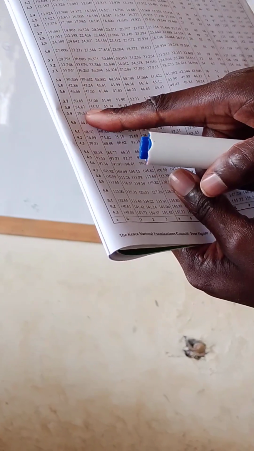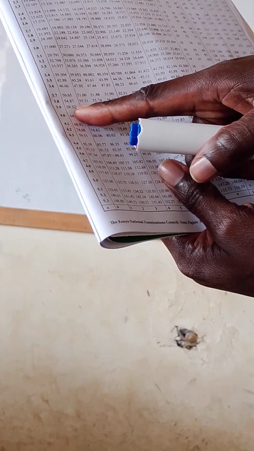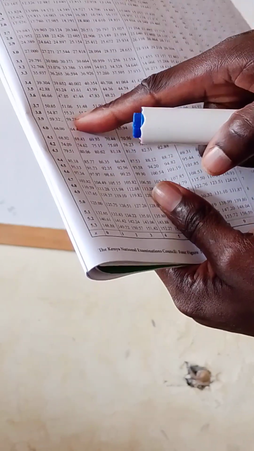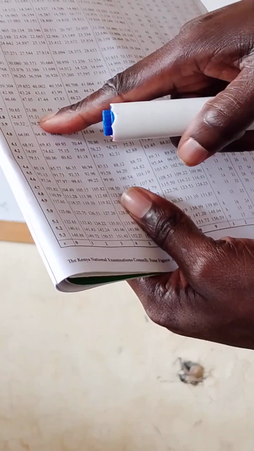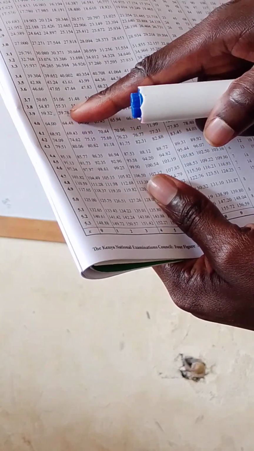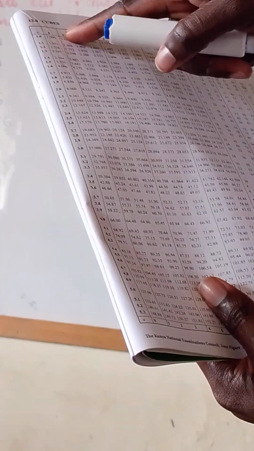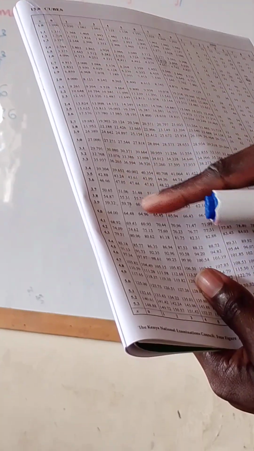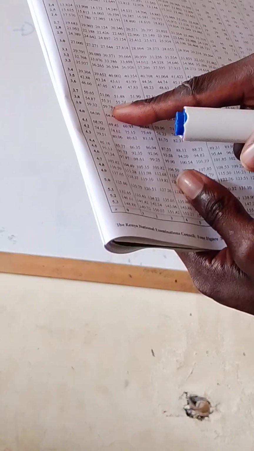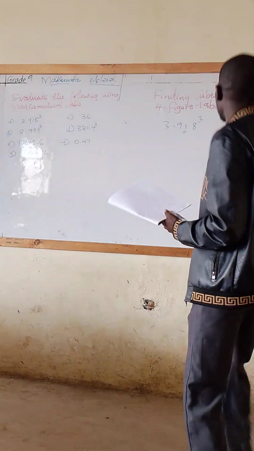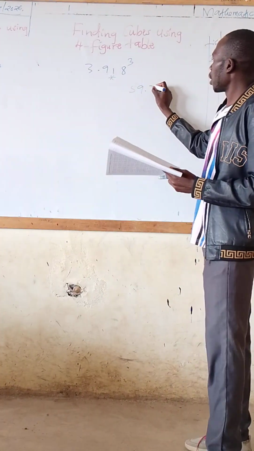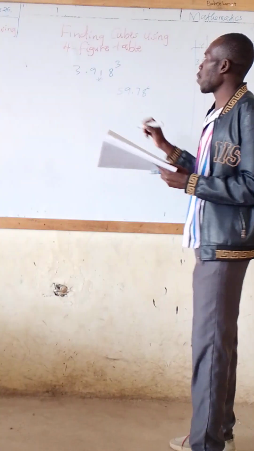So the first one is 59, that is under 0, so 39.0. Then 39.1 is this one, whereby horizontally it is 59.78. If you go vertically upward, you'll get 1 there. So we have 39.1, which is 59.78. Then we are finished with this one.